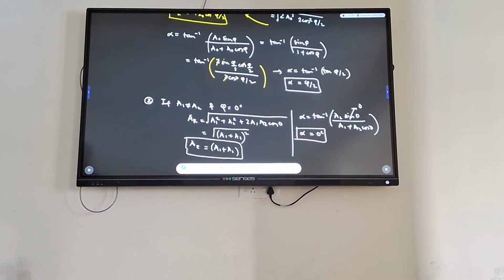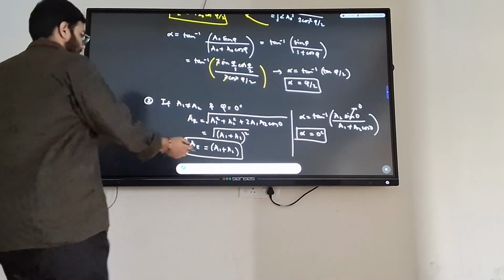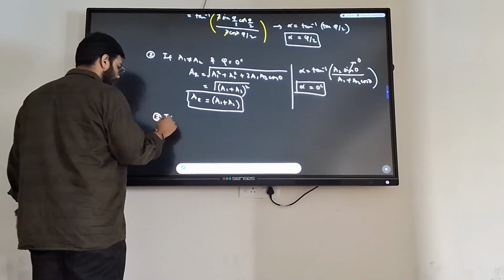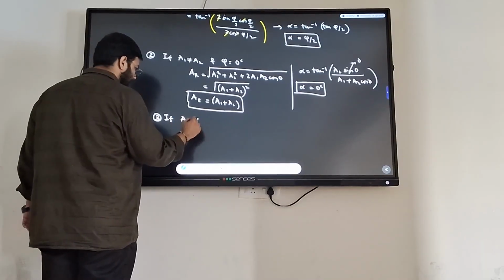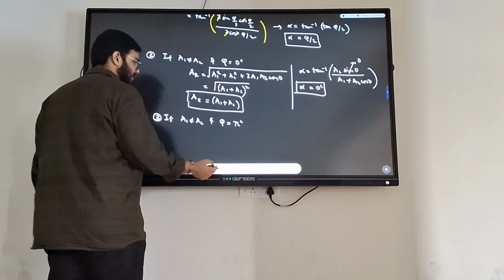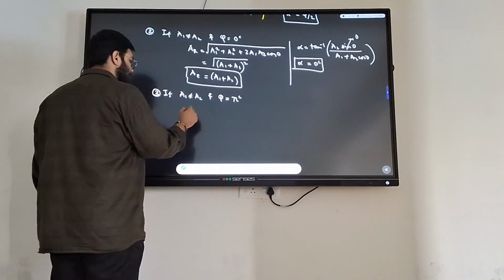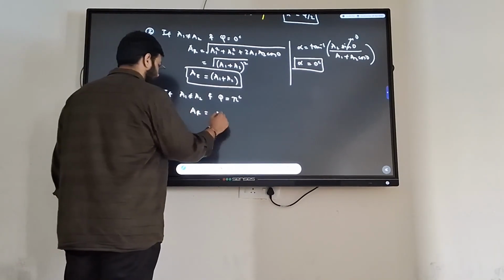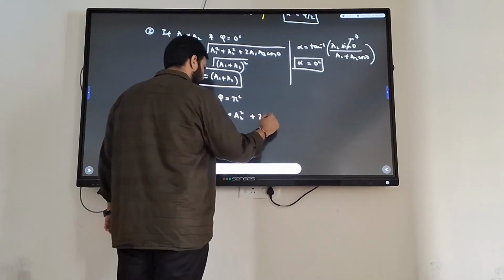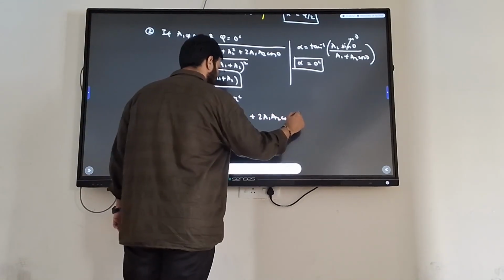What will it be then? A1 minus A2. So third case, if A1 is not equal to A2 and phi is equal to pi radians, then what should be AR? That's A1 square plus A2 square plus 2A1 A2 cos pi. What is cos pi?